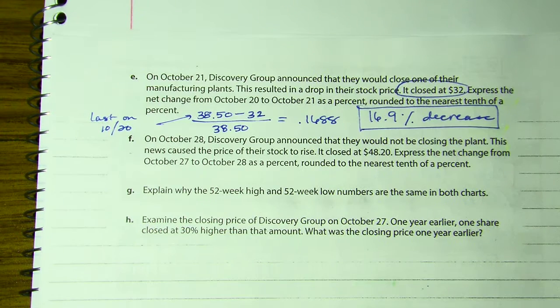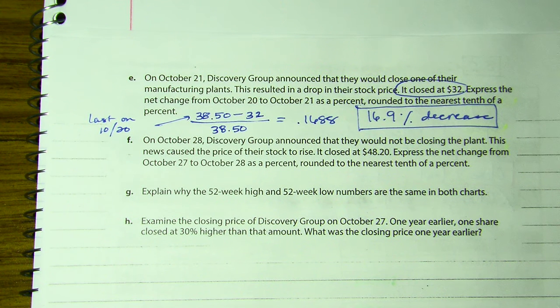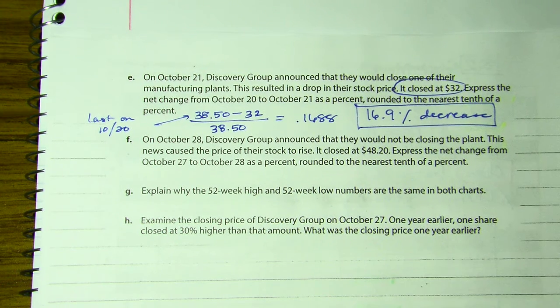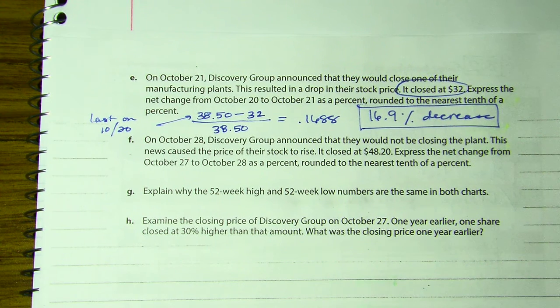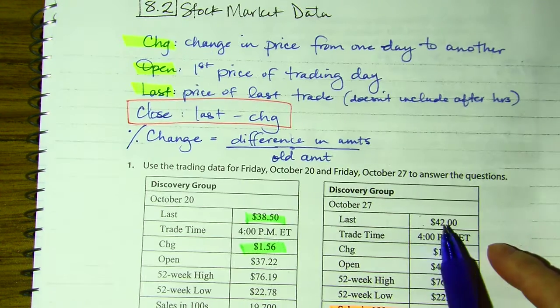Part F, on October 28th, they announced they would not be closing the plant. This news caused their price to rise to $48.20. Express the net change from October 27th to the 28th. So October 27th, the last was 42.